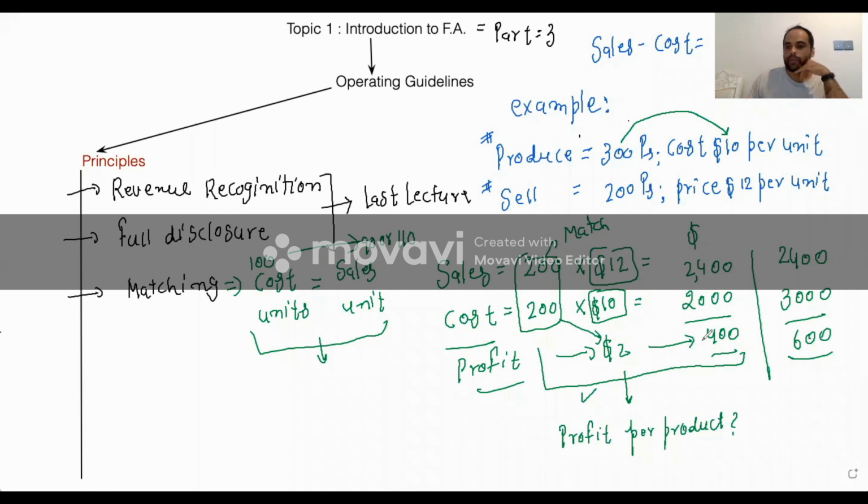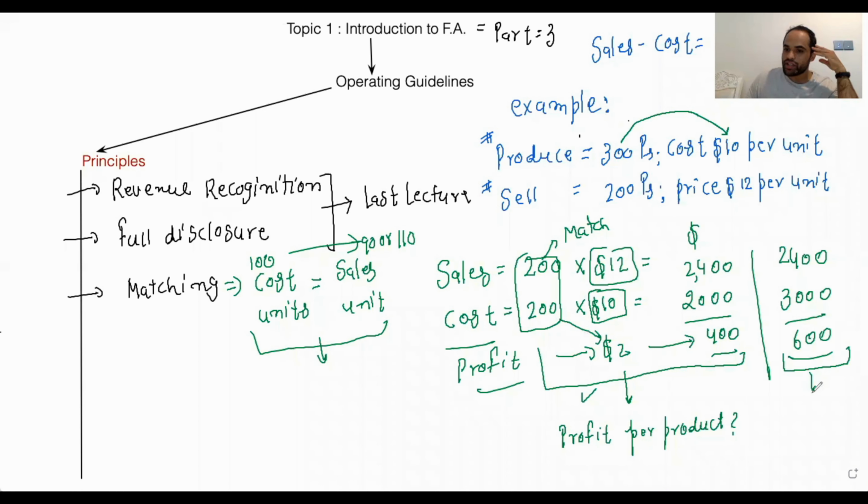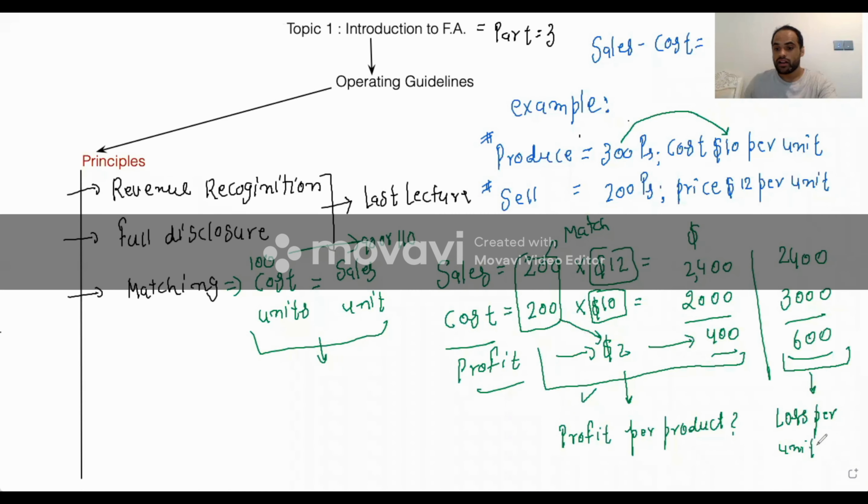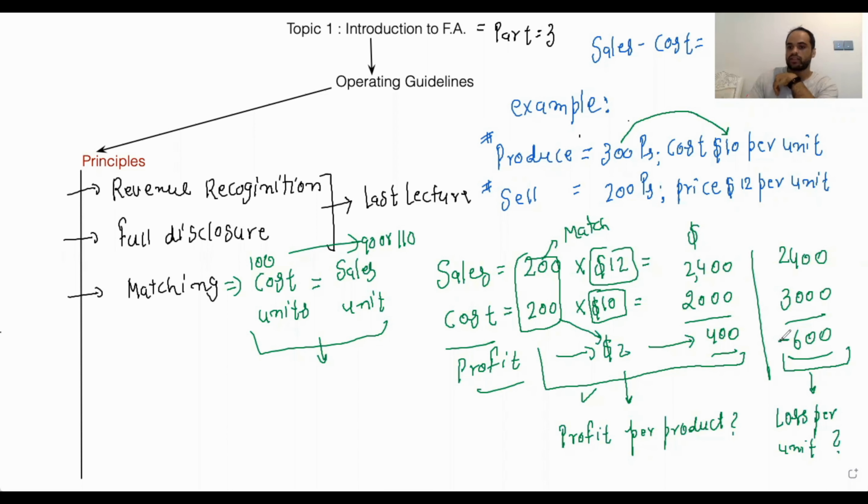Right? Okay. Now, can you tell me how much is profit or loss per unit here? Can you calculate and tell me? 600 is the loss, right? So how much is the loss per unit? Can you calculate?